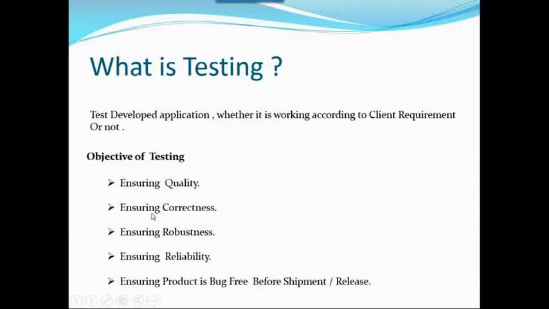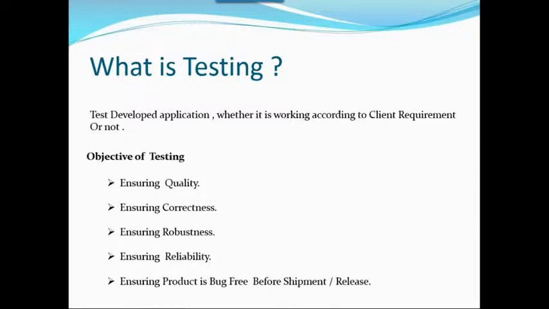For what reason are we doing the testing? To make sure the quality is there, to make sure of correctness and robustness, critical functionality also we need to test, and ensure reliability. What is reliability? Reliability is nothing but making sure this application is user friendly. What is user friendly?